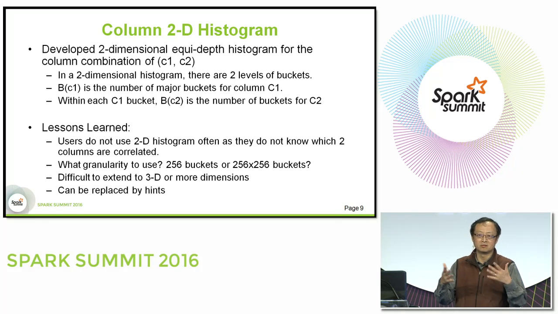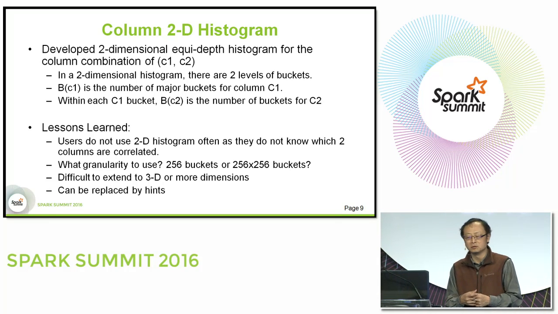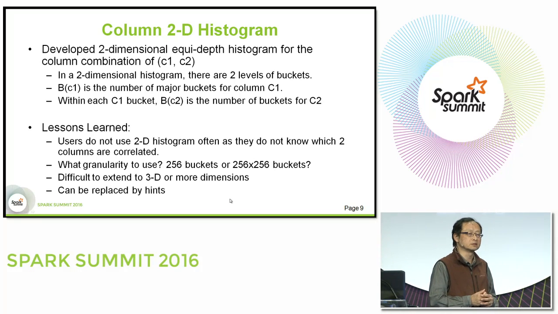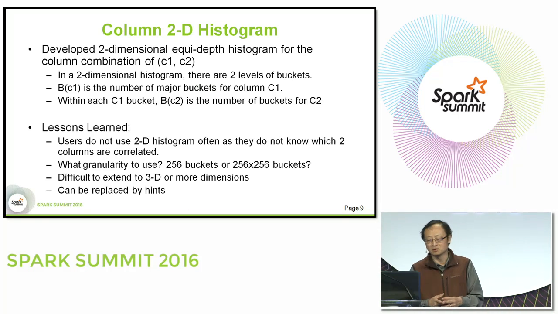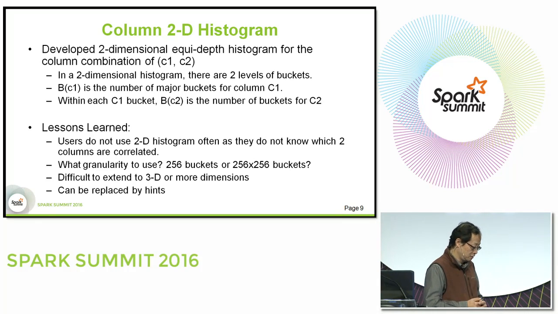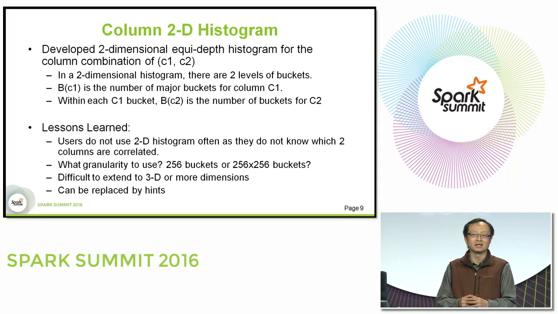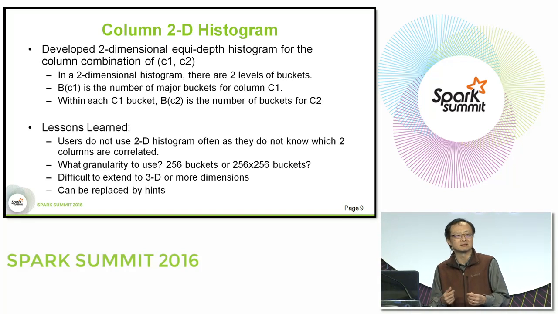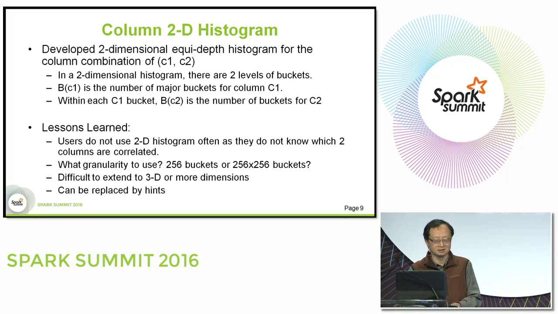It can be 3 columns, 4 columns, or 5 columns. We found that the granularity problem we just mentioned is more difficult to extend to 3 dimensions or more. And we found out that our users would rather have us provide some SQL hints, because a SQL hint is simple and direct. Okay.